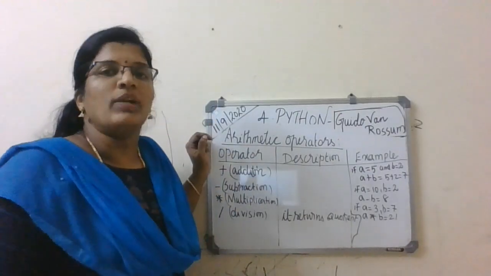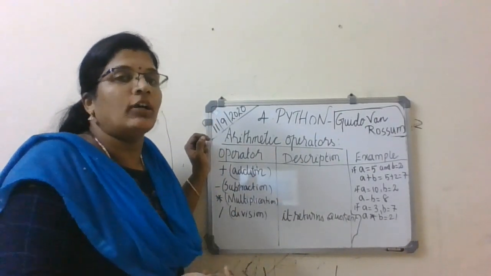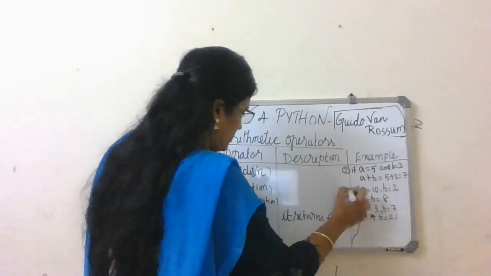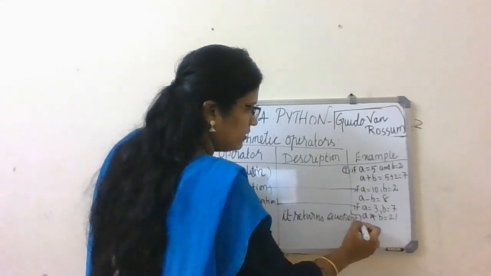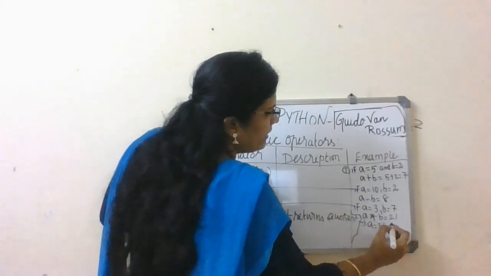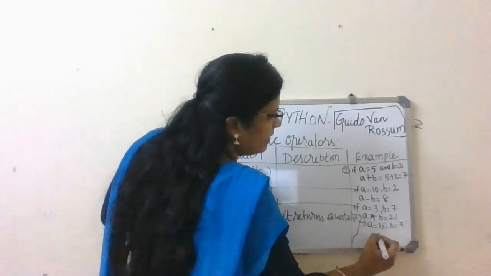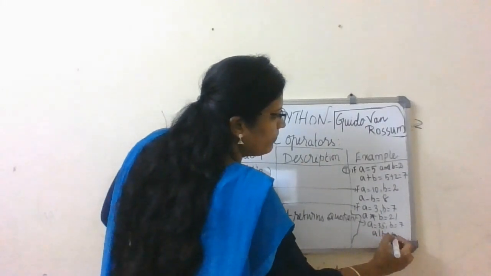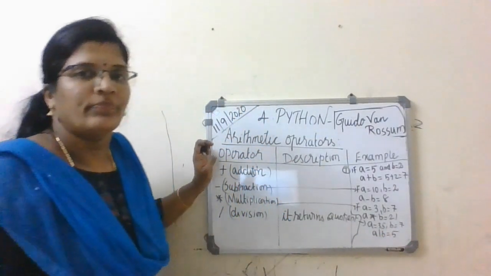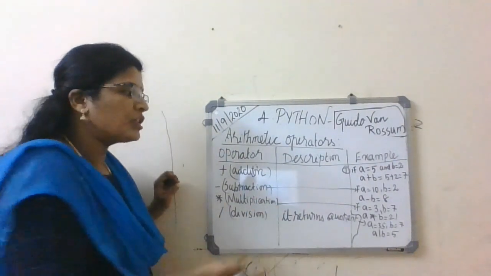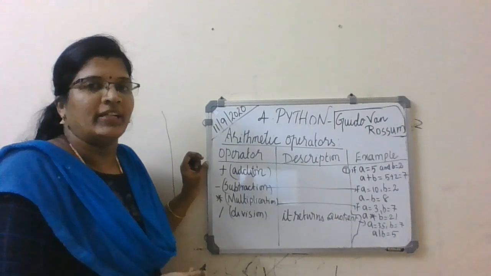It divides two numbers and returns only the quotient. If A is equal to 35, B is equal to 7, then A divided by B is equal to 5 is the answer. This division operation returns the quotient.